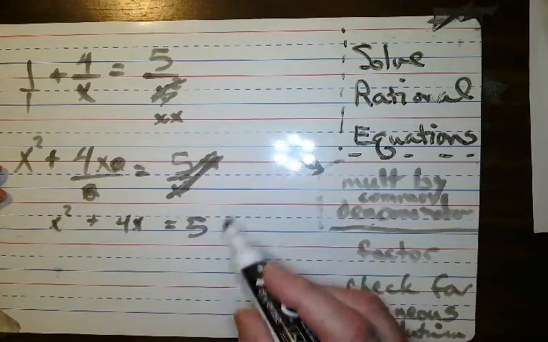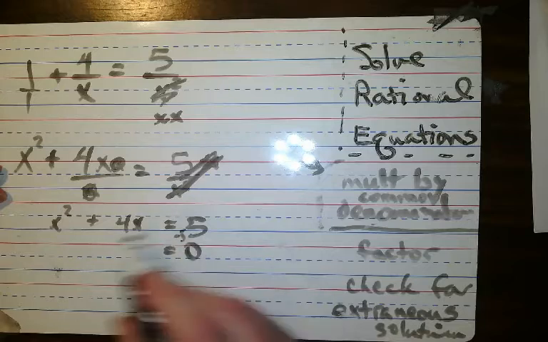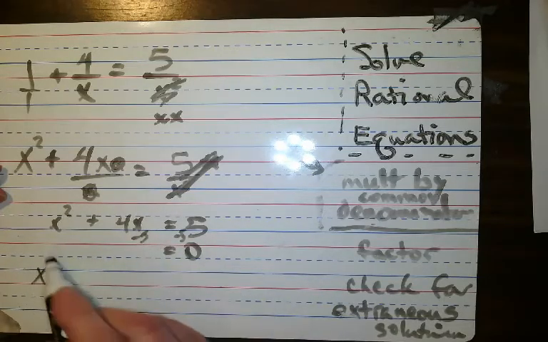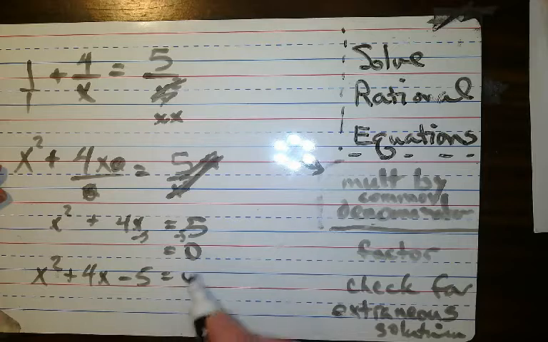Remember, you can't solve quadratics unless it equals 0, so I've got to subtract the 5. x squared plus 4x minus 5 equals 0.